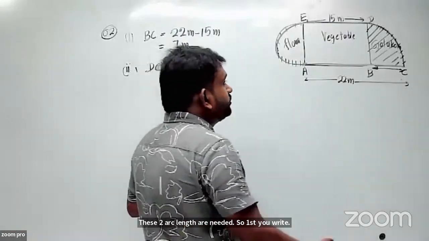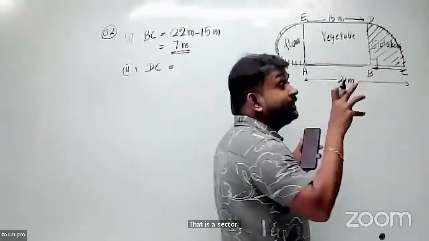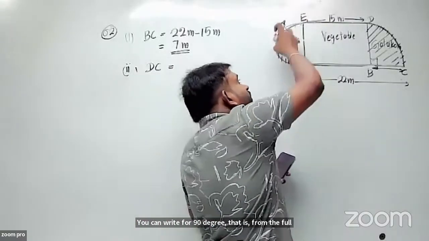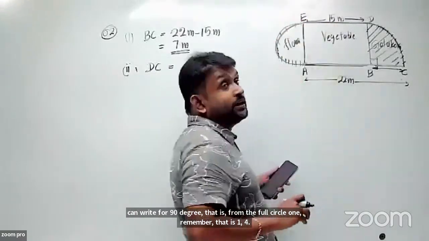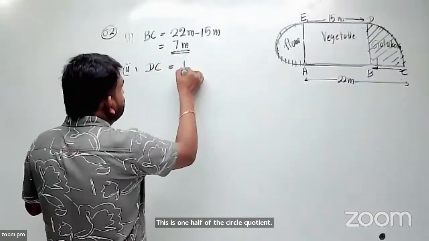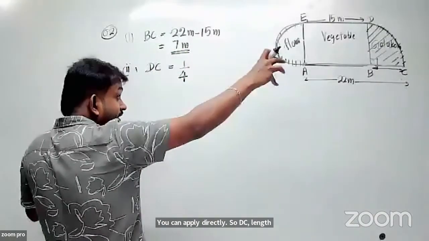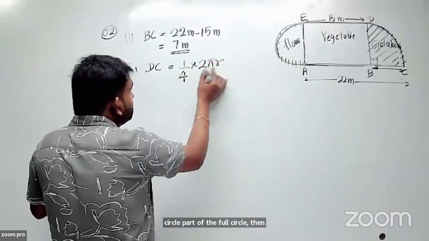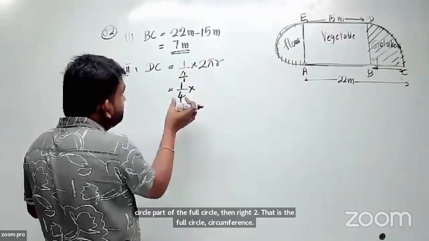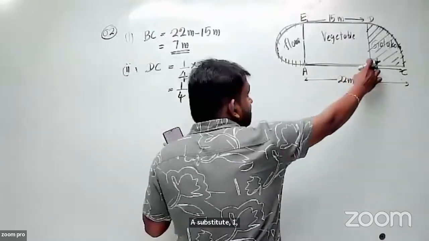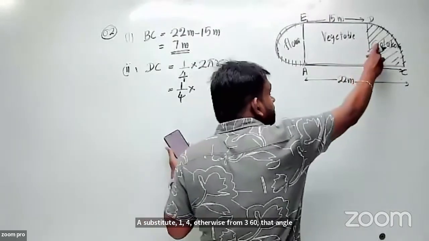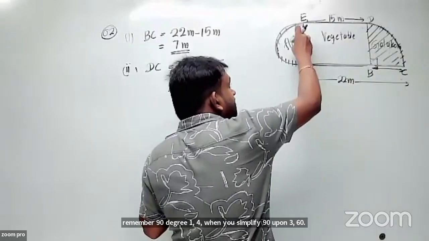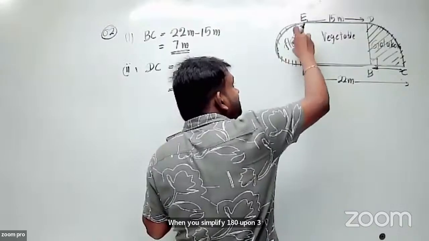That is a sector. For 90 degrees, that is 1/4 of the full circle. Remember, that is 1/4. This is 1/2 of the circle portion. You can apply directly. So DC length is 1/4 of the full circle, then write 2πr, the full circle circumference. From 360, 90 degrees means 1/4. 180 upon 360 is a semicircle, then 1/2.